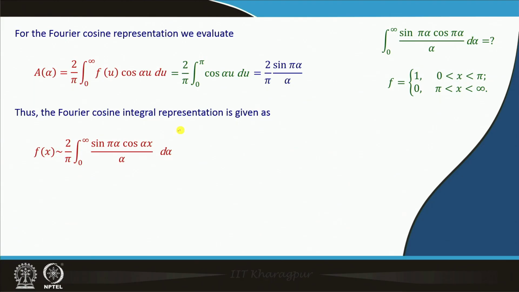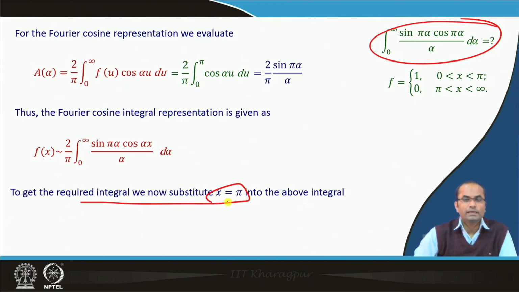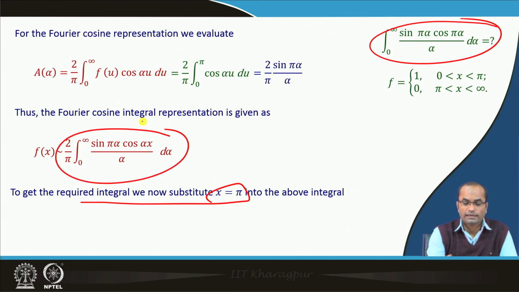So, to get this desired integral, we have to use x equal to pi. If we substitute x equal to pi into the above integral, then we can exactly get the desired value.